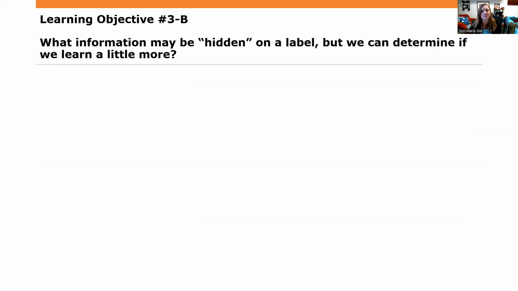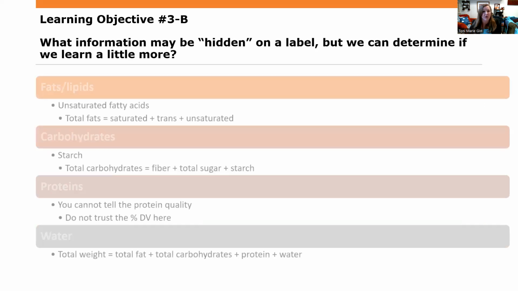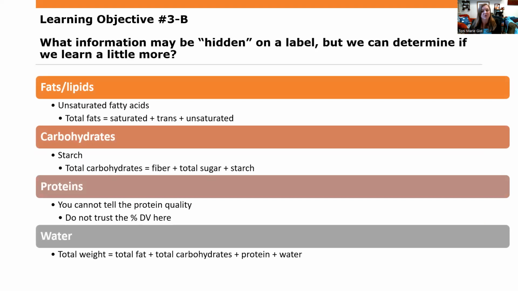And you may wonder what information might be hidden on that label, but we can determine if we learn a little bit more. Under each one of these items, there's a little bit of hidden information. So when we look at the total fats, you'll notice that we have our saturated fats and our trans fats listed on all of the labels. However, our unsaturated fats are not listed on there.